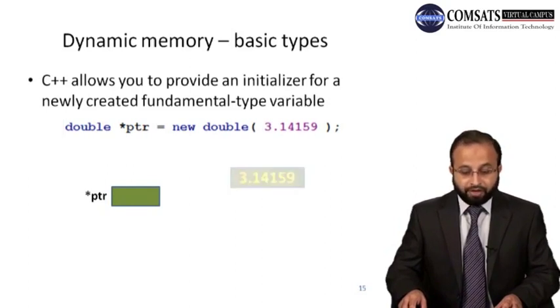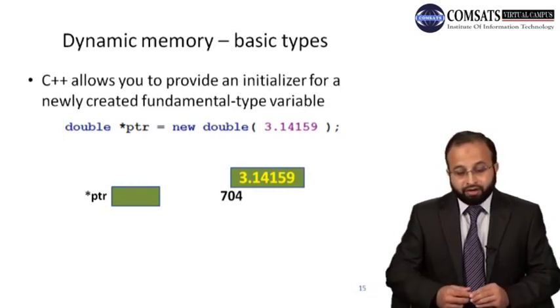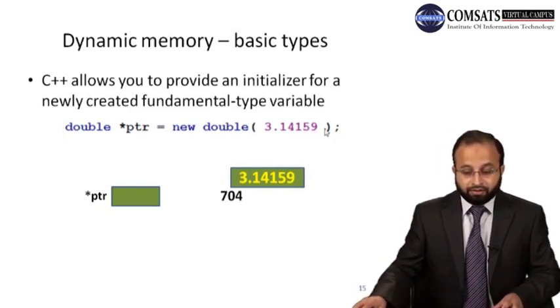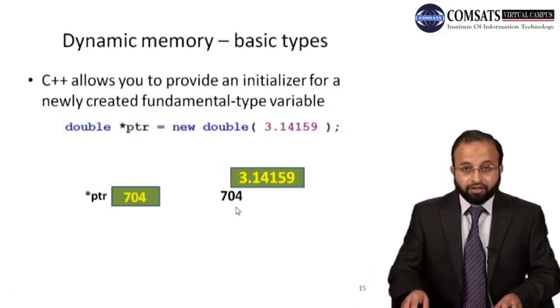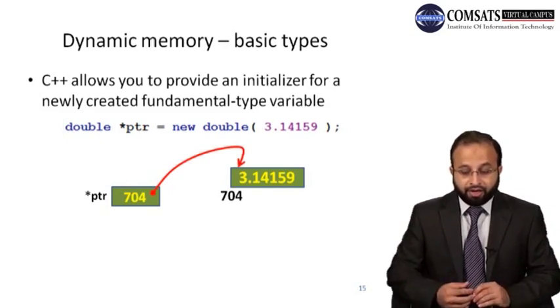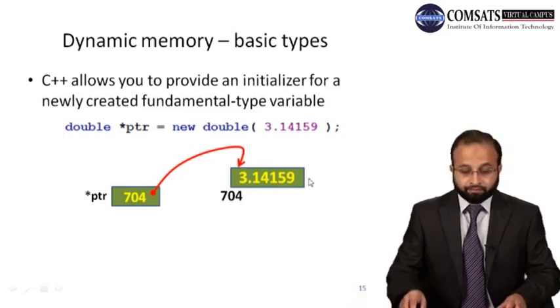So pointers के लिए 4 byte allocate हो जाएंगे, 3.14159 इसके लिए 8 bytes allocate हो जाएंगे, and let's say the starting address of that memory location is 704. Now this 704 will be assigned to a pointer. This means that now this pointer points to this memory location, right? Now using that pointer you can access this value 3.14159.